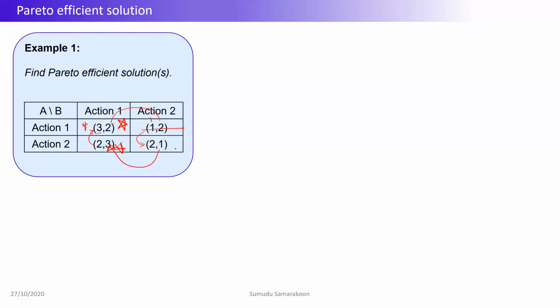Therefore, there is a tendency that player B is going to move from action 2 to 1 because it doesn't affect player A. Therefore, this is not going to be a stable scenario. So this is a Pareto inefficient solution. So in this case, the Pareto efficient solutions are these two combinations.